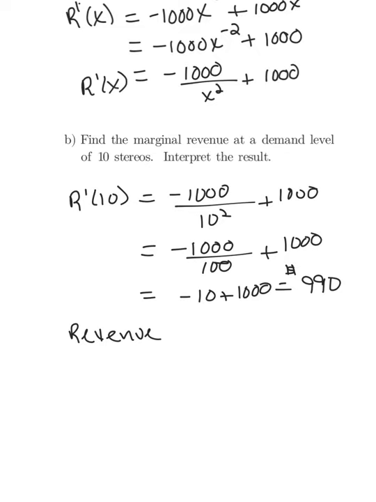Marginal is there to tell you to use the derivative, but when you are describing what happens, you are talking about what happens to the total revenue. So revenue increases by how much? The number we got, $990.